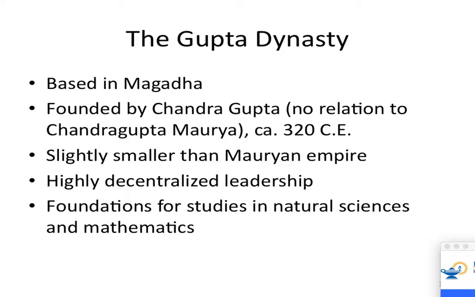Now the Gupta Empire is started by Chandragupta. I pause there so you know there's a gap. Chandragupta. Isn't it nice? Apparently there's a difference. I can't tell you the difference.